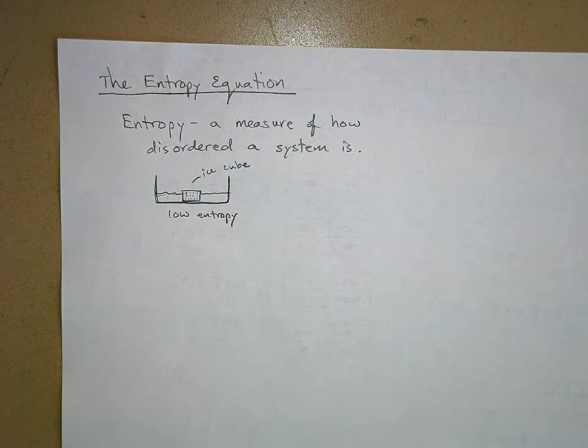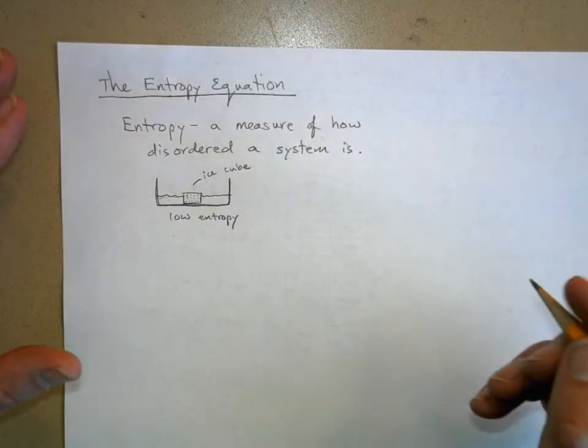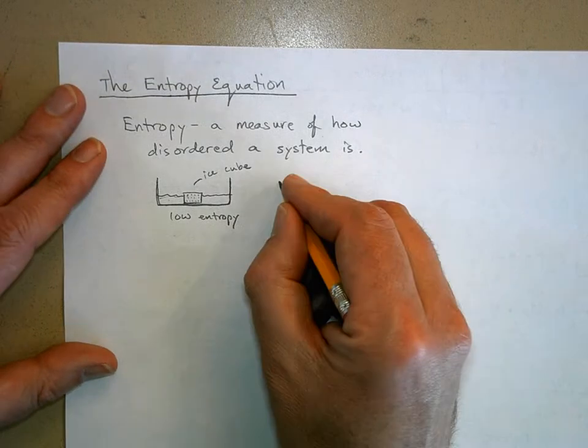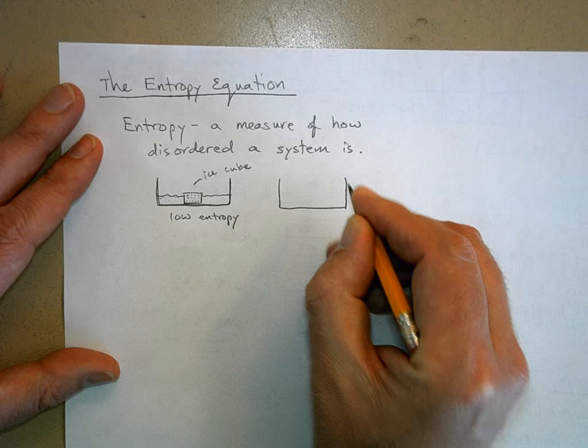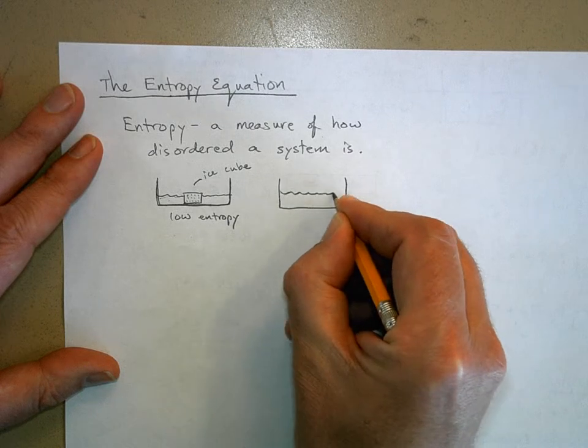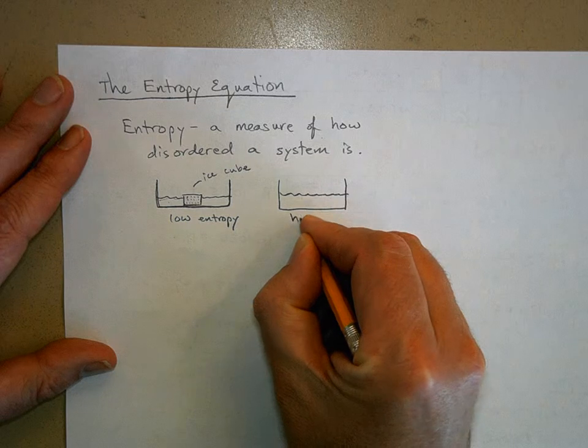But if we wait a while, if we wait a long time, what's going to happen? It's going to melt. And so we're going to get, here's my dish, and it's eventually going to just look like this. And this is high entropy.